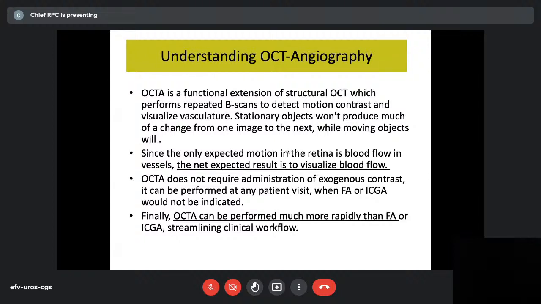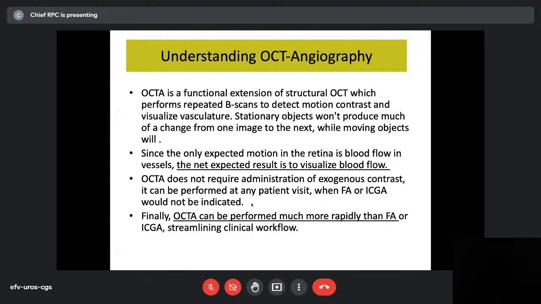OCTA has a big advantage: it does not require any injectable material like dye or anything else. A patient walks in and says, "I want my retina checked," and we get the OCTA done. But FA-ICG requires a lot of preparation, and it may also have side effects, which can be a very severe reaction.